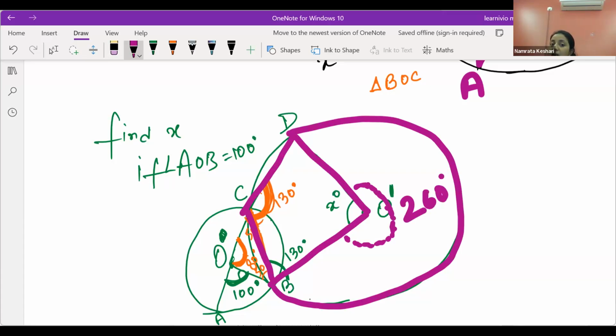The angle created by an arc at the center is double the angle created by the same arc on the circumference, that means on the remaining part of the circle. So if this is 260, we can say x will be 100. Yes or no? Is it clear to all of you? Yes, ma'am.